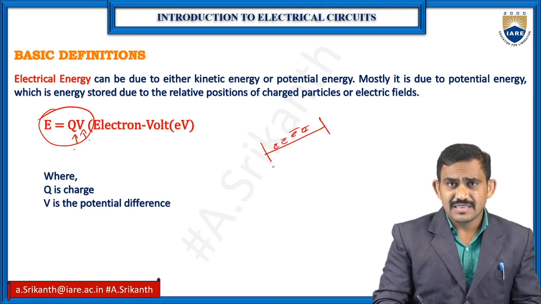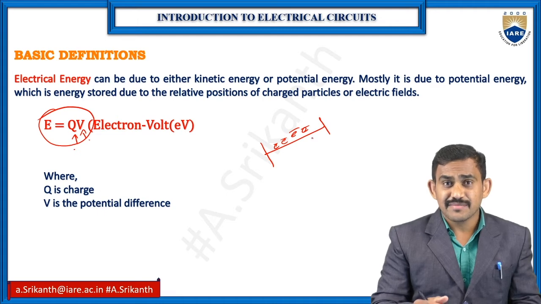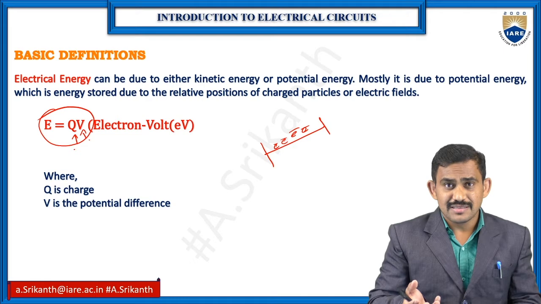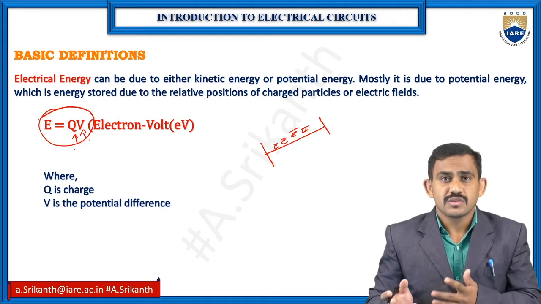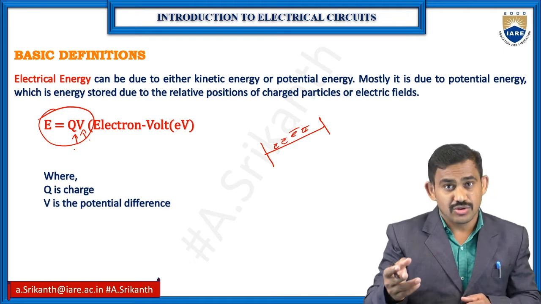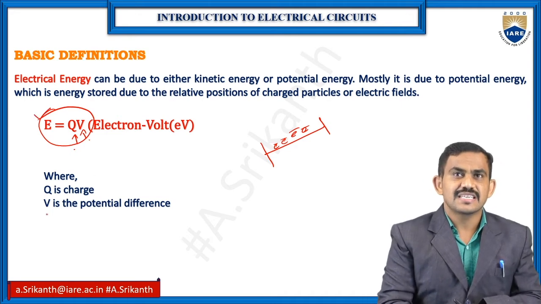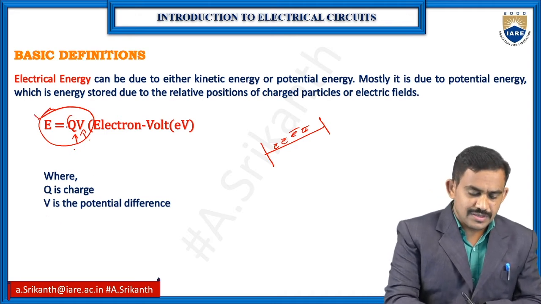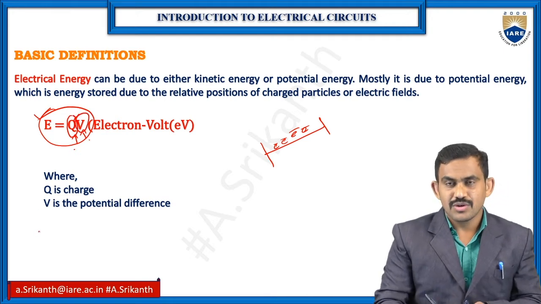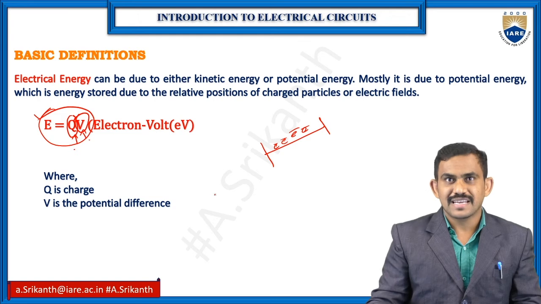So energy is nothing but how much work is done. So the total output is nothing but the energy of your electrons. Electrical energy depends upon charge and potential difference. So if you go for the power, you will get the answer.